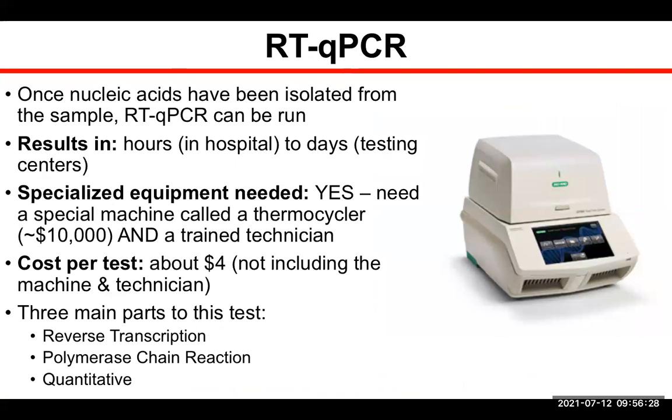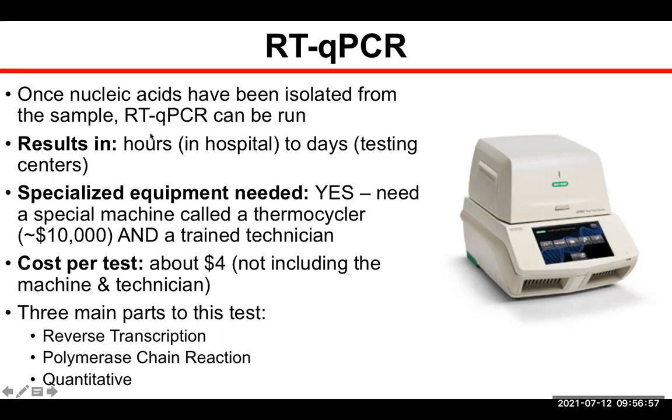So, the technician collects the sample, and then what's going to end up happening in the lab is they're going to end up isolating the nucleic acid. And there's this whole long process that basically purifies and takes out just the DNA and the RNA of a sample and gets rid of any cell debris or organelles and whatnot. And so once you have the nucleic acids, then you can go ahead and actually perform the test.